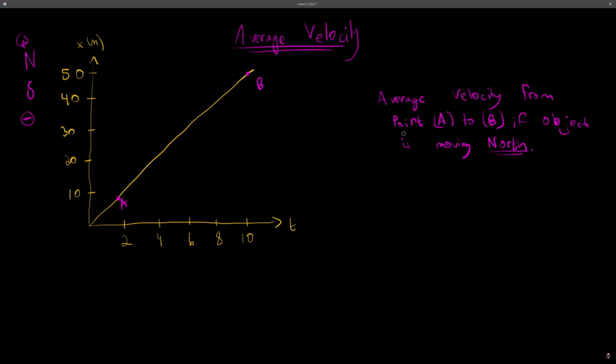Well, first off, since it's velocity, we should mention both the magnitude plus the direction. Now, the direction here, since it's specified north, and over here it says north is positive, south is negative, so we can immediately dismiss any negative values.